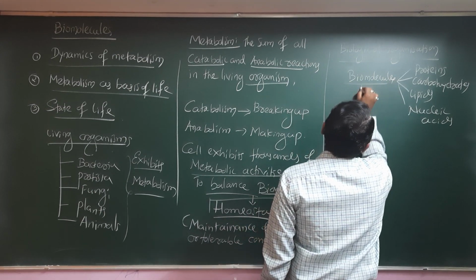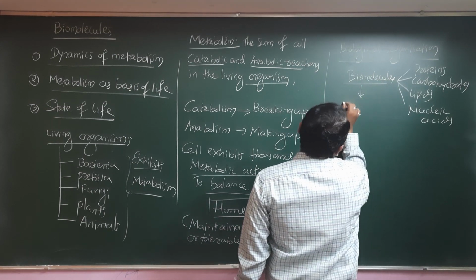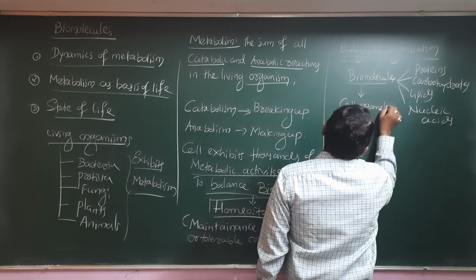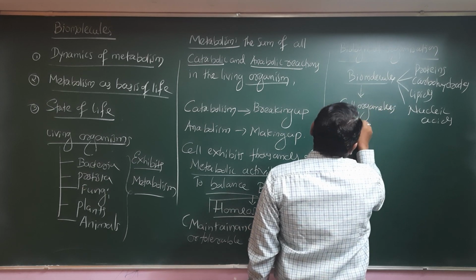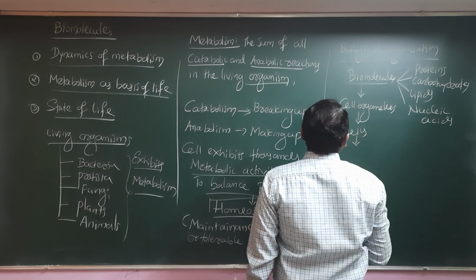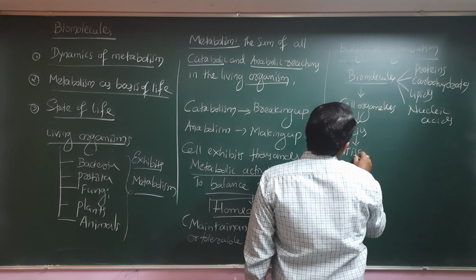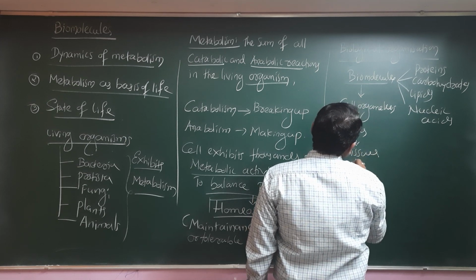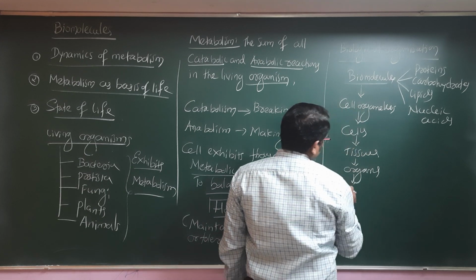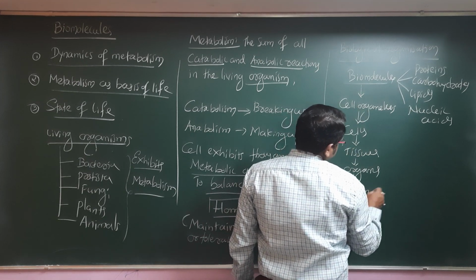What do they do? Biomolecules mainly form cell organelles. These cell organelles construct the cells. Variety of cells form the tissues, tissues form the organs, and organs form the organ systems.